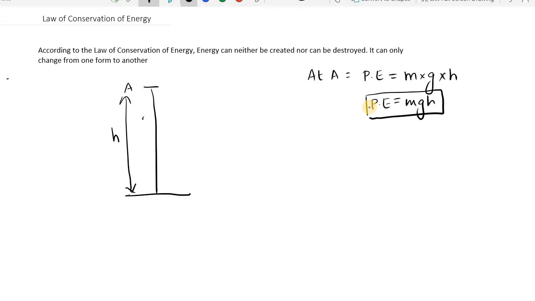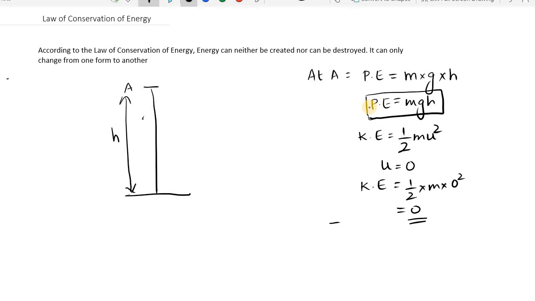Now, the kinetic energy at that point would be half m u squared, u being the velocity of the body at that point. Let us consider that at that point where we are going to just start, the initial velocity u would be 0. So when u is 0, the kinetic energy would be half into m into 0 squared, which is nothing but 0.